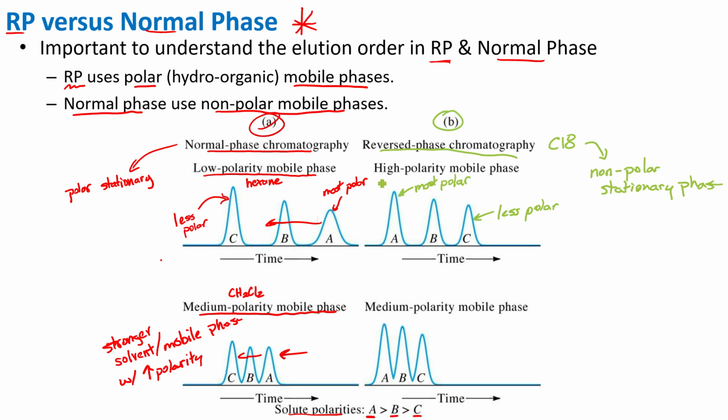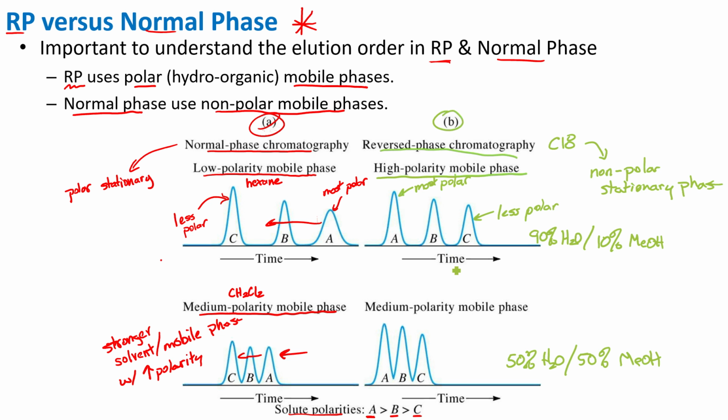So this is a highly polar solvent. Maybe this is 90% water, 10% methanol. And if I want to increase the strength of the solvent to get everything to elute off quicker, maybe I would change it to 50-50 water and the organic, which would be methanol in this case.